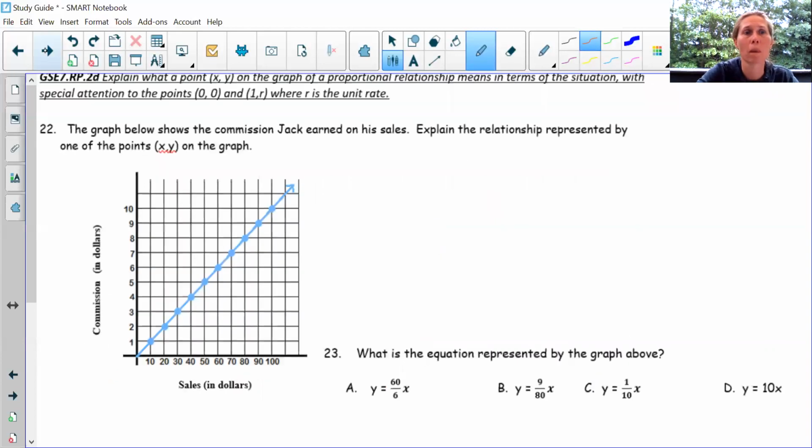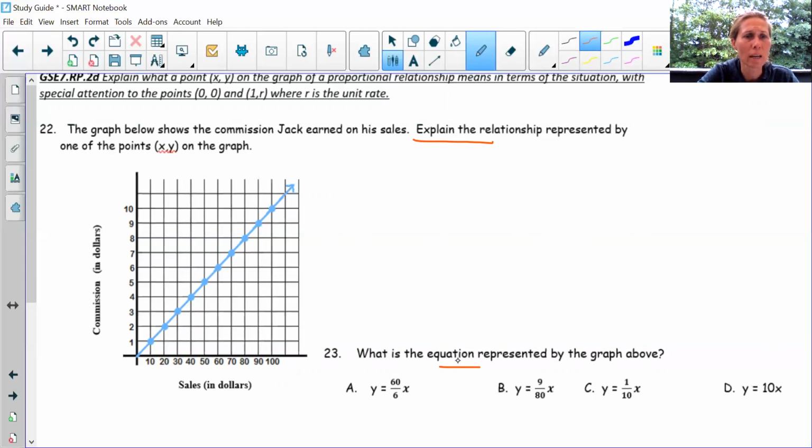Number 22. The graph below shows the commission Jack earned on his sales. Explain the relationship represented by one of the points X, Y on the graph. Now, the first thing it wants us to do is explain the relationship. The second is it wants an equation. So now I want you to look at it. It's going to look weird at first.